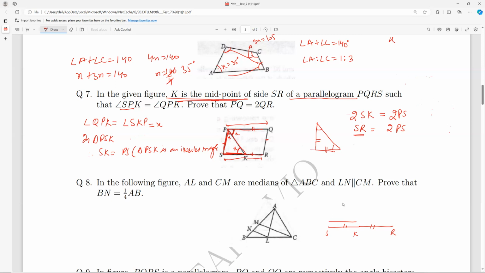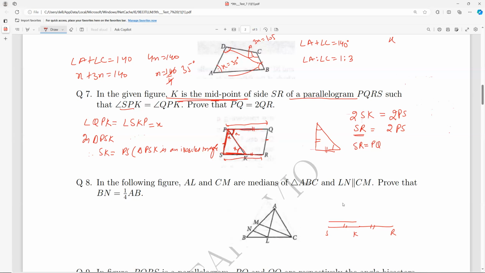Now this is SK and this is equal to PS. Now you know that SR is equal to 2PS. Now you know that SR is equal to PQ. Why? Opposite sides of parallelograms are equal. Are you getting? Yes, sir.